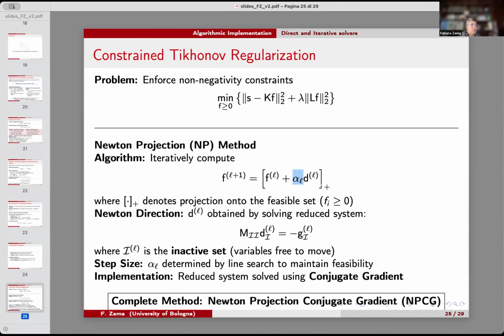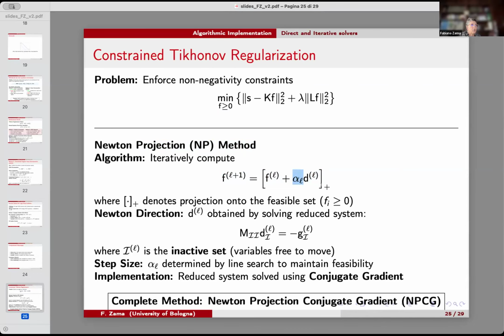To obtain the direction, we solve the reduced system. This M is our normal equation system, but restricted to the set of inactive components. G is the gradient. We have to solve this problem.